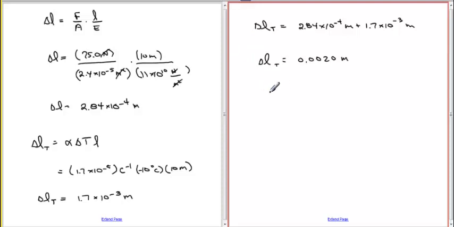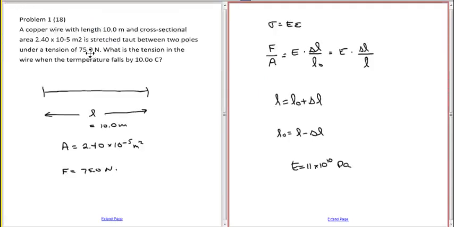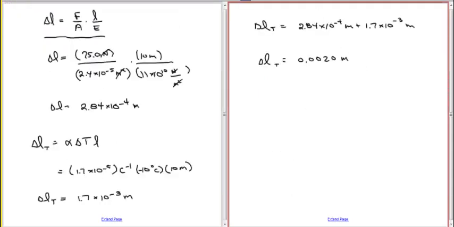Now we go back and we use this relationship here, but we solve for the force, because what they're asking for here is the tension at the lower temperature.